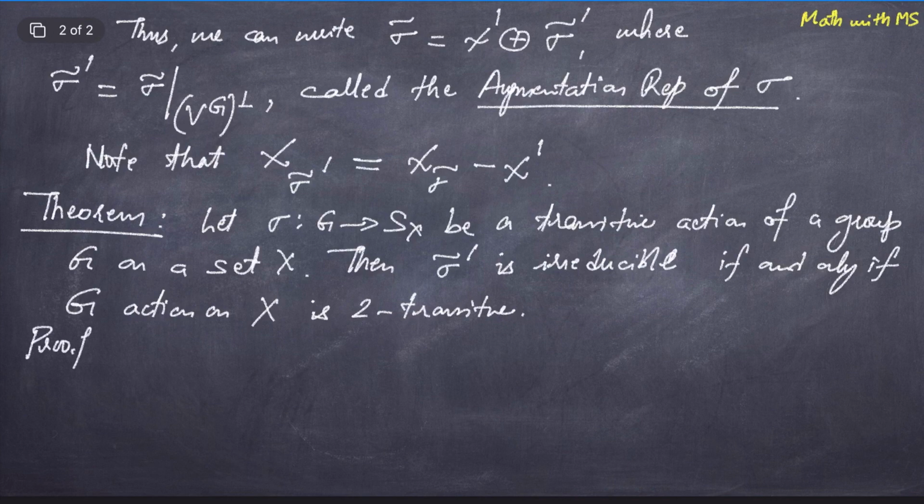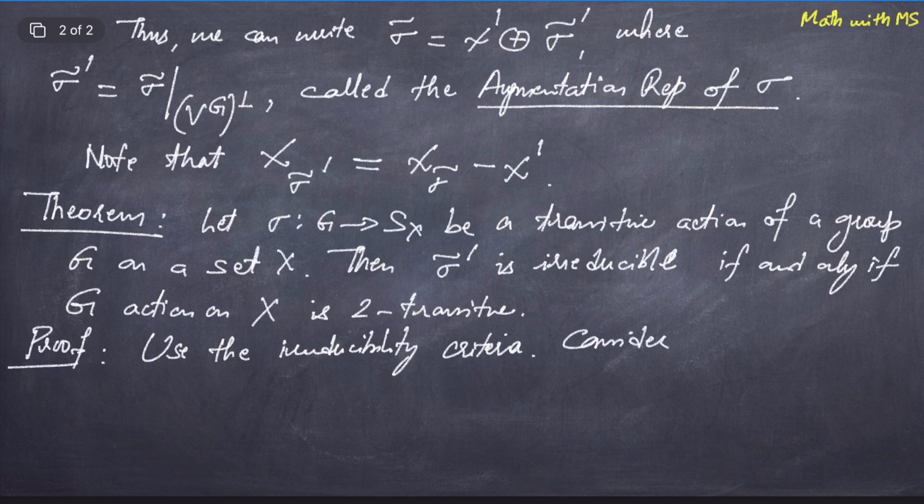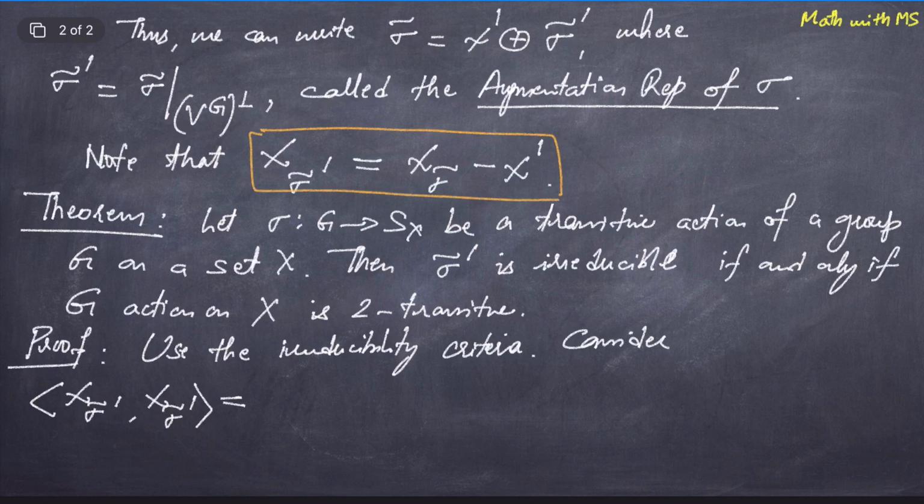Direct proof. We use the irreducibility criterion. What does it say? It says that a given representation is irreducible if and only if the inner product of its character with itself is 1. So consider the inner product of chi of sigma tilde prime with itself, but we have here the character of sigma tilde prime in terms of the character of sigma tilde and the trivial character, chi of sigma tilde minus chi_1, chi of sigma tilde minus chi_1.